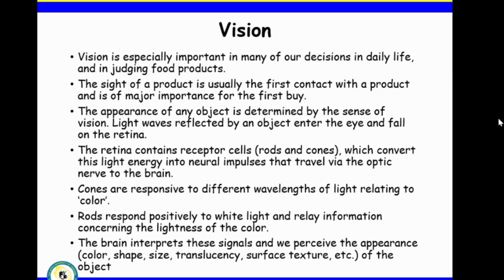Maybe some have started to shrink, losing some moisture. So just by vision, you can tell that this carrot is fresher than the other. So you can see how vision is very important in the analysis of a product.